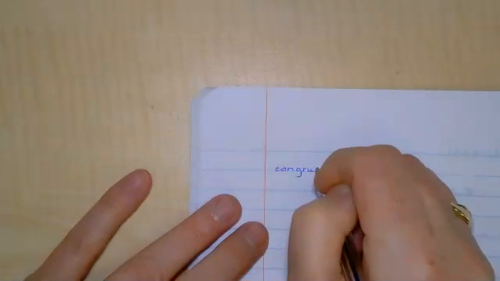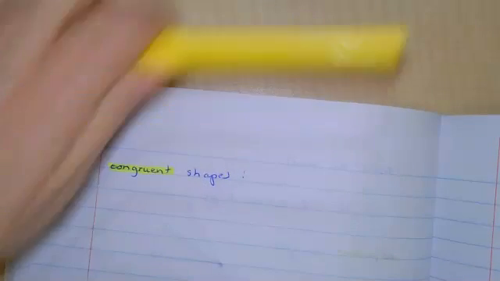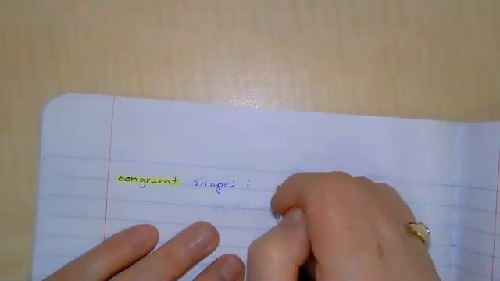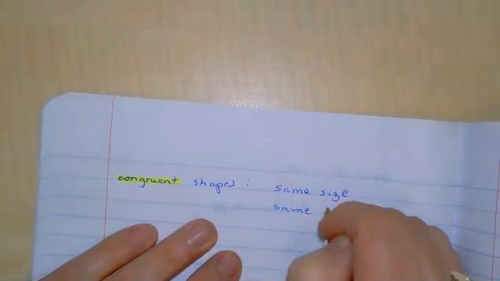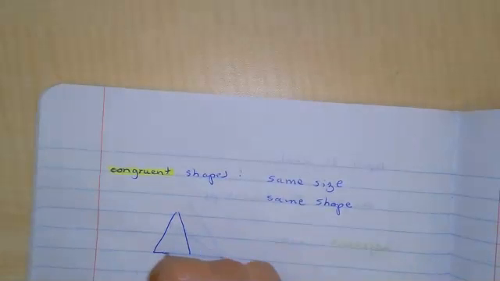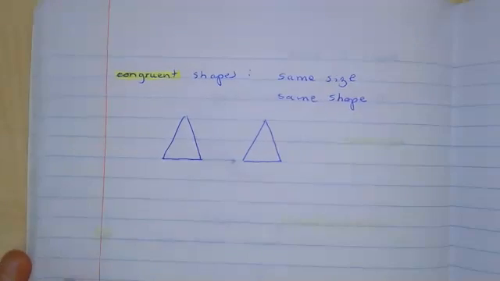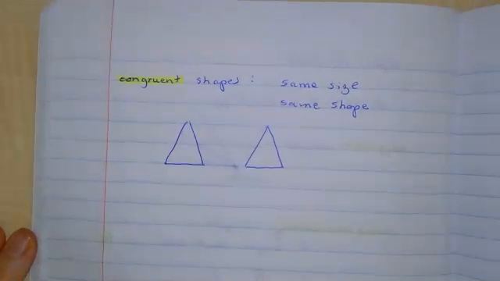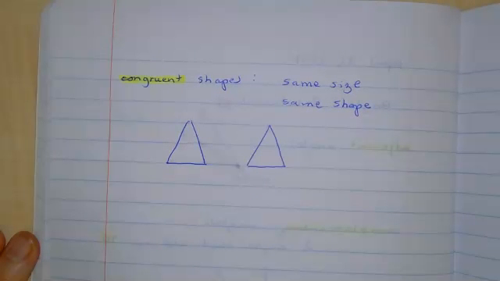Congruent shapes have the same size and the same shape. So same size, same shape is congruent. And then I think yesterday we talked about similar shapes, right?